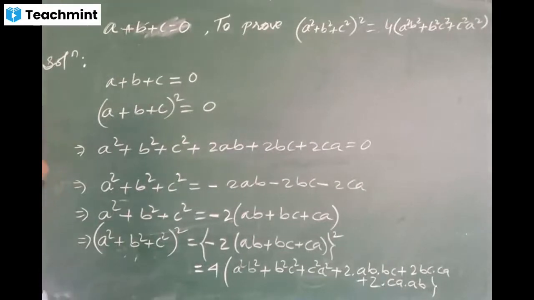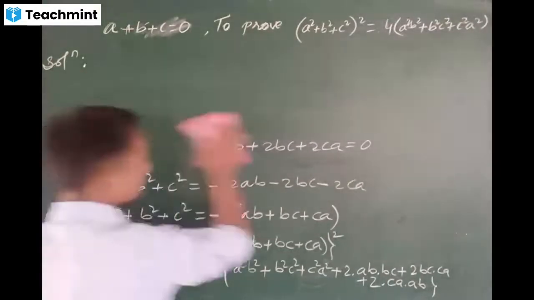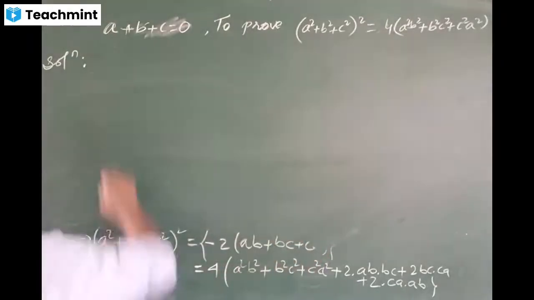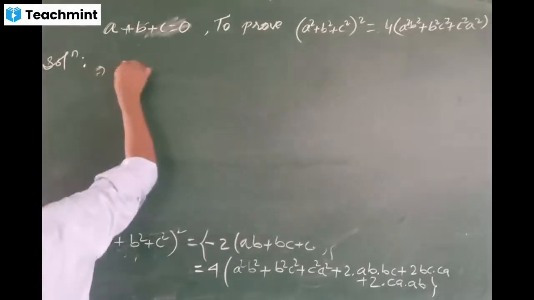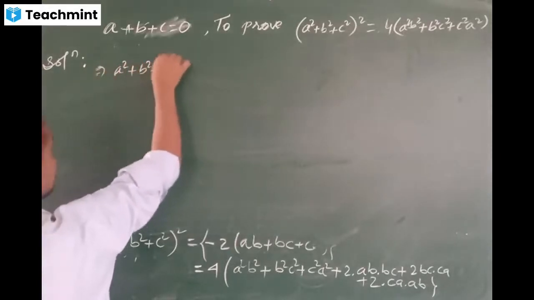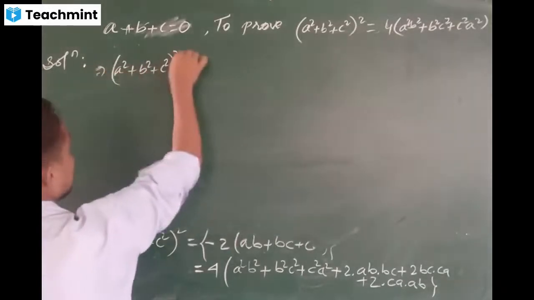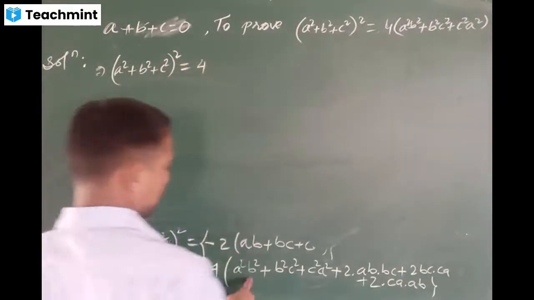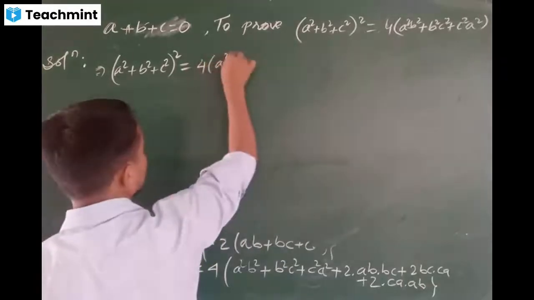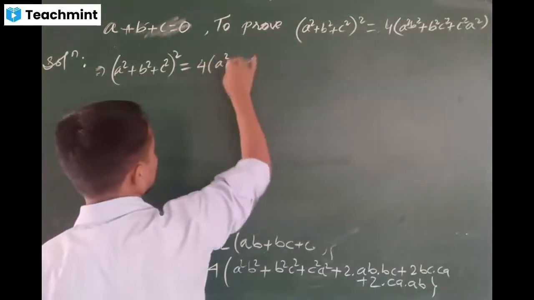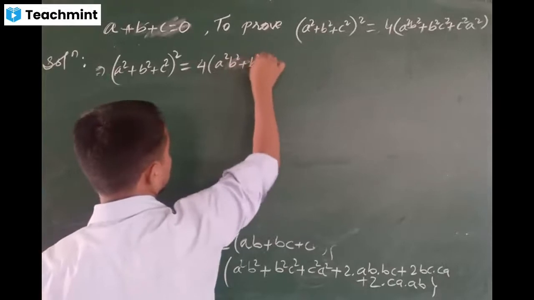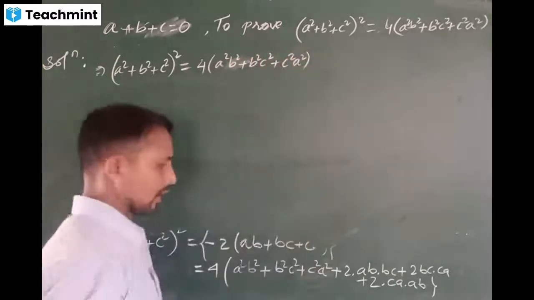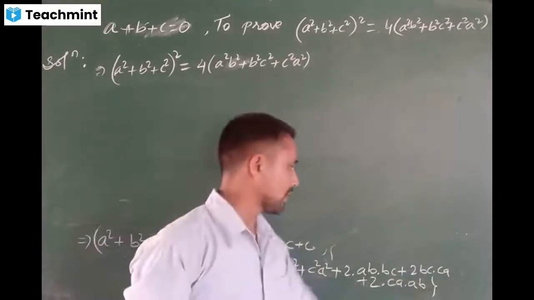Now let us carry on with the right hand side part. What we have is (A² + B² + C²)² equal to 4 times (A² + B² + C²), then twice AB, twice BC, twice CA.